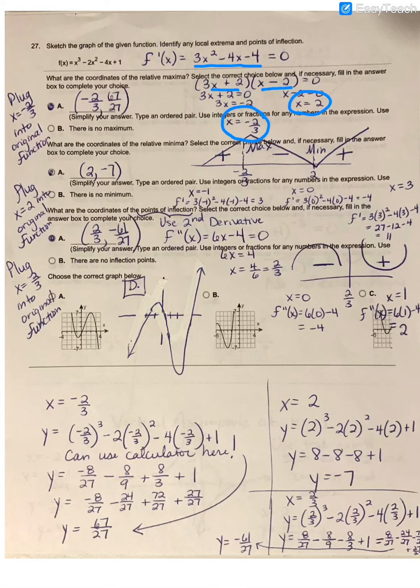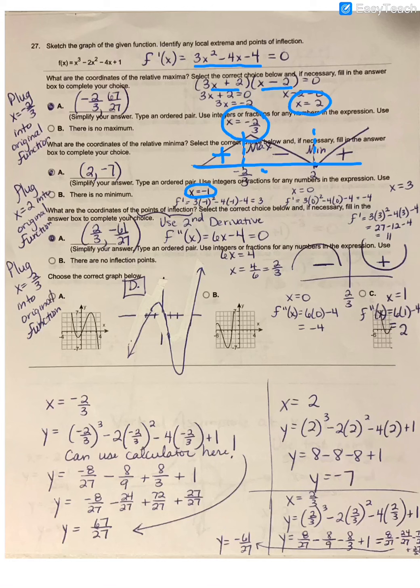Building my number line here with those critical values, if we plug in something less than negative 2/3, I just thought x equal -1 would be easy. Remember, you're plugging those back into your first derivative because you're interested in what the derivative is doing on that interval. When I plugged it in, I got a +3, so positive, which means the graph is increasing on that interval.